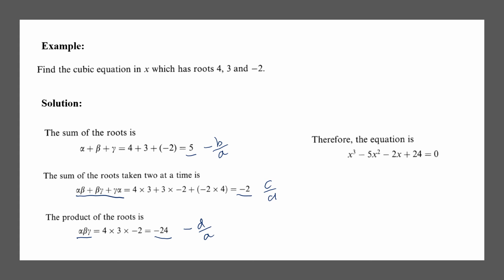So a is 1 and we need minus b, so therefore this is negative 5. Also same here, this is also negative, so this becomes positive 24, and c remains the same, so minus 2. So that's an equation right there.